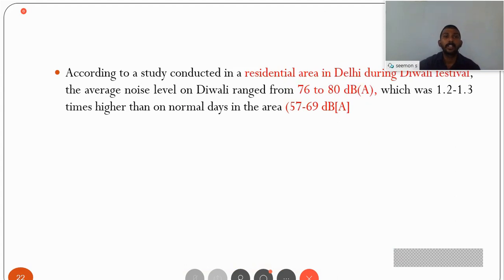And according to a study conducted in a residential area in Delhi during the Diwali festival, the average noise level they found was 76 to 80 decibels. But usually, before the festival, that value was 57 to 67. It is almost 1.2 to 1.3 times higher than the noise on normal days. So these come under social events.